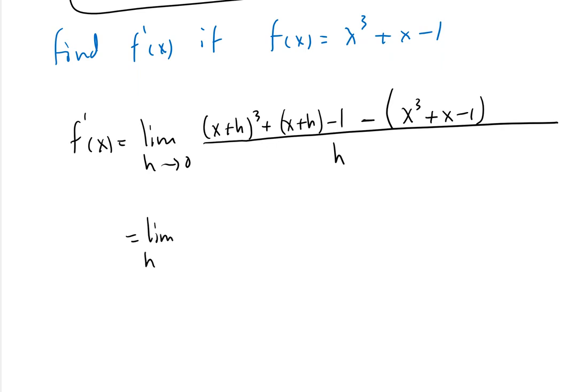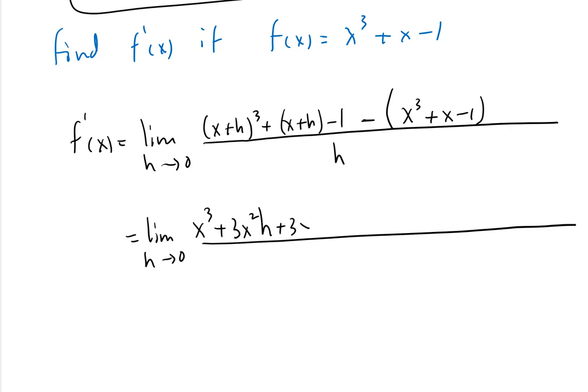This is x cubed plus 3x squared h plus 3x h squared plus h cubed. I'm using the formula for a plus b all cubed, which we reviewed back during the first week in the packet, the journey to calculus.